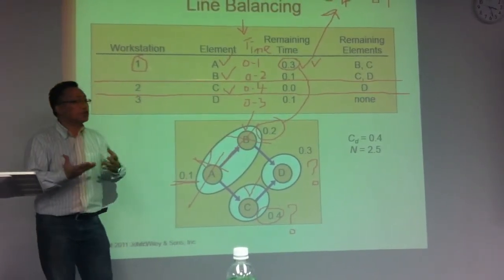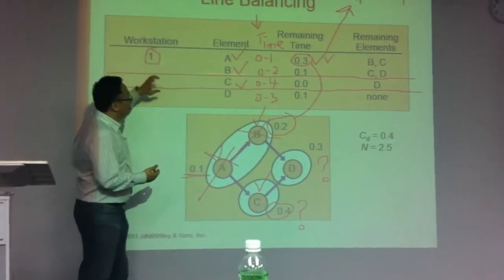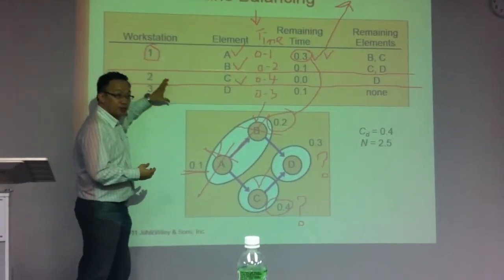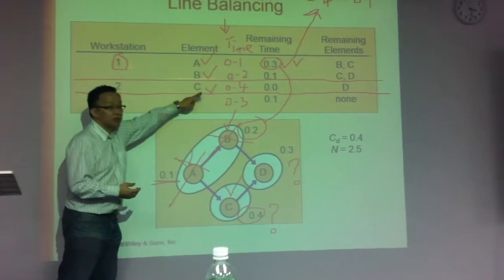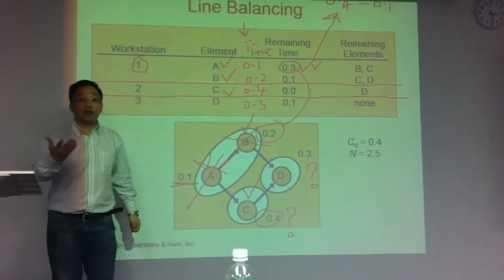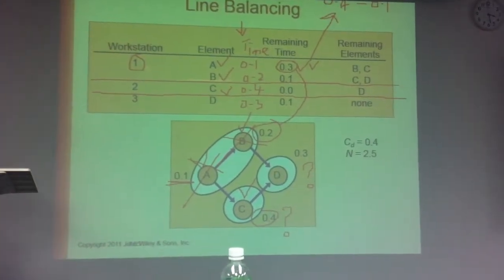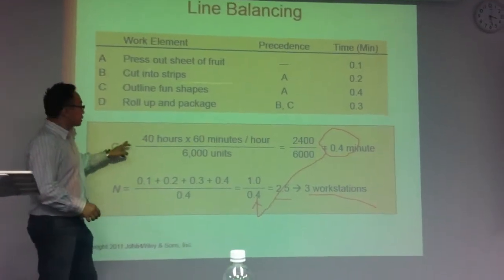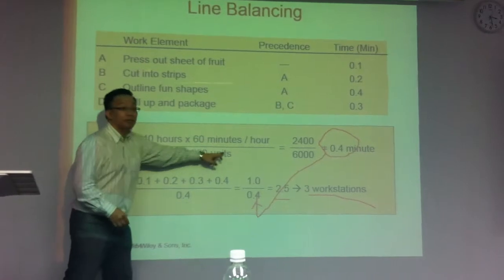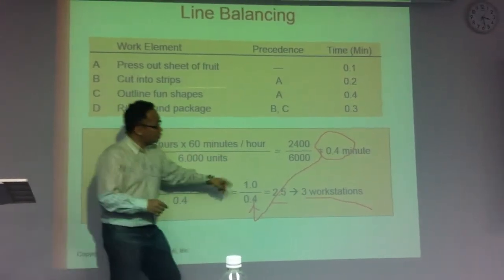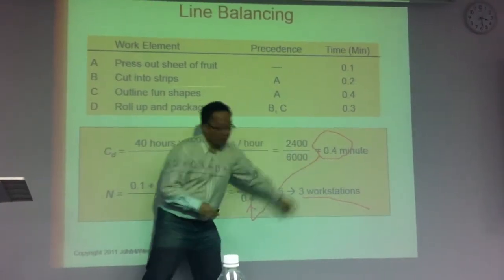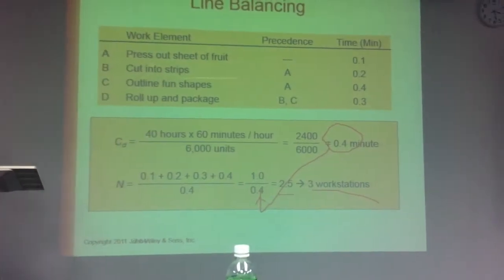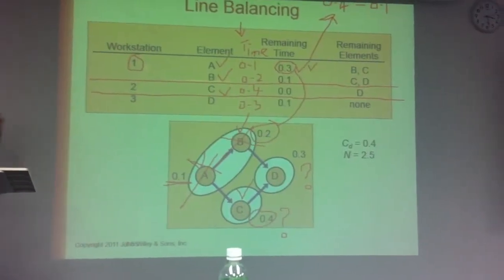What is actual? Actual means after you put them into different workstations, you choose the maximum, and that is your actual. Theory, you just take the total time divided by the units. Sometimes in this case the theory is the same as your actual.